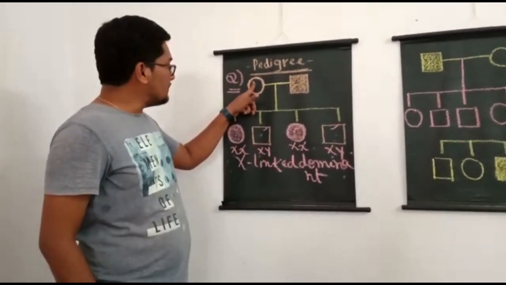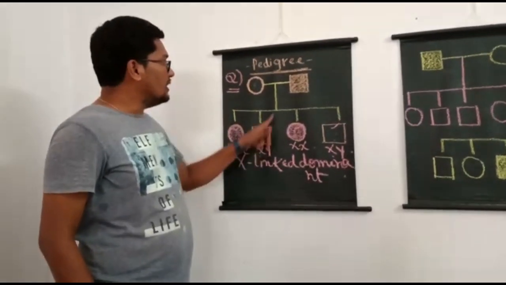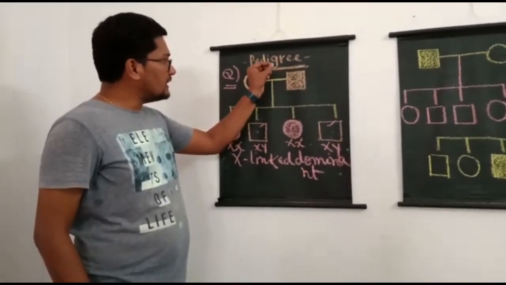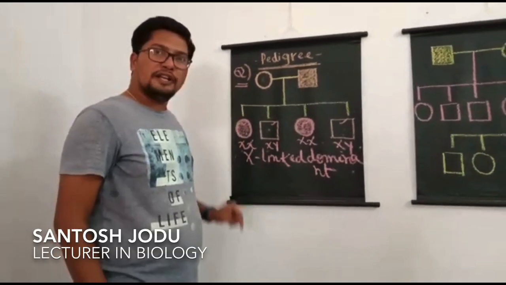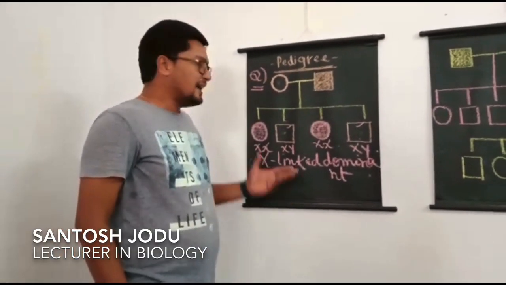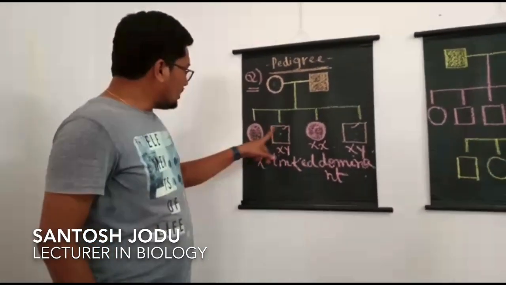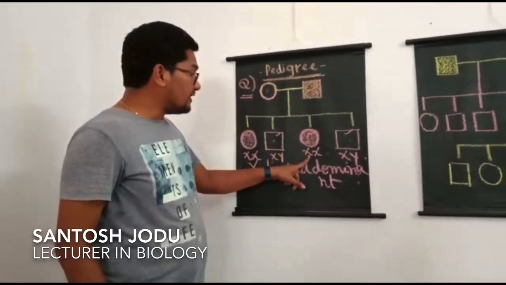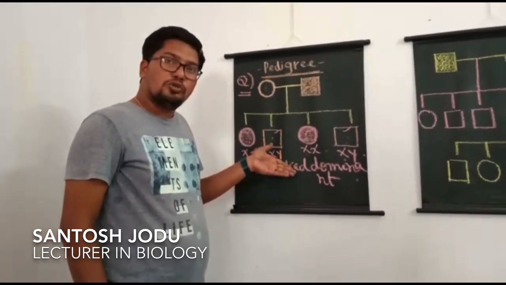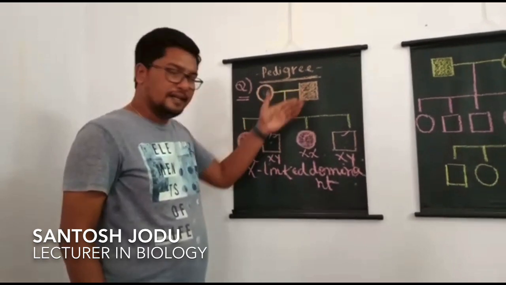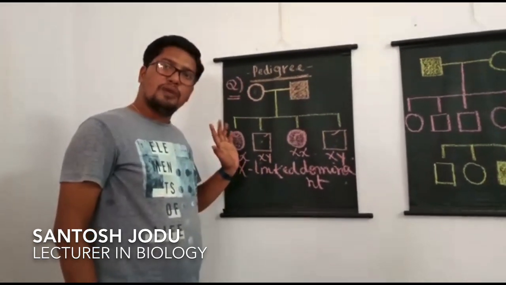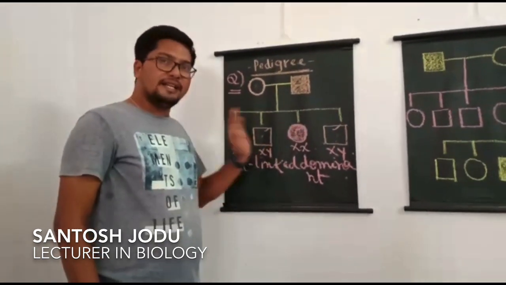Normal. It means the mother's X chromosome is normal, but the gene for the disease is present on the X chromosome of the father in this case, and that's why both the daughters are affected, because they have received a copy of X chromosome from their father, and this copy of X chromosome has the gene for the disease.